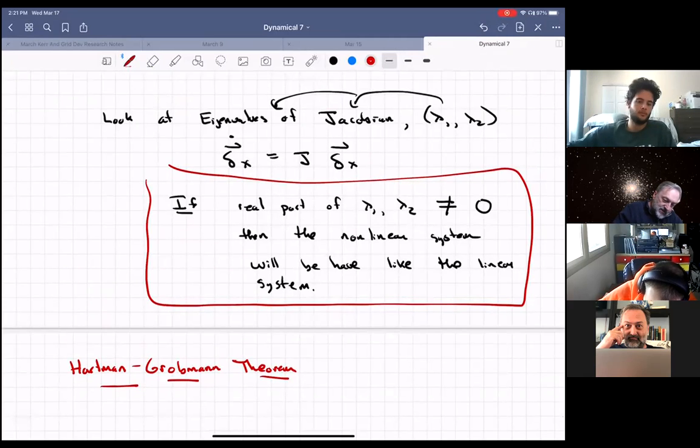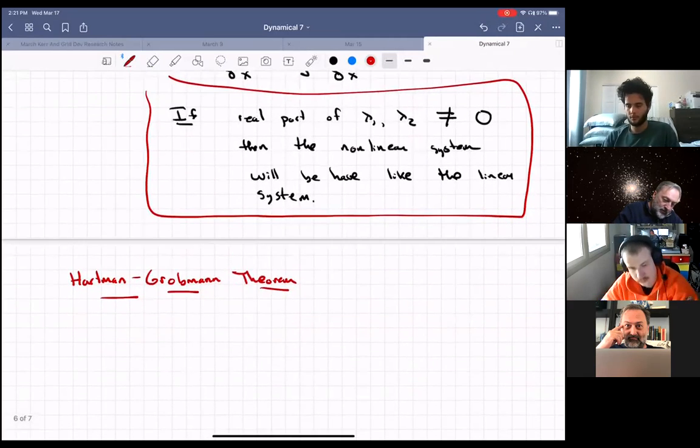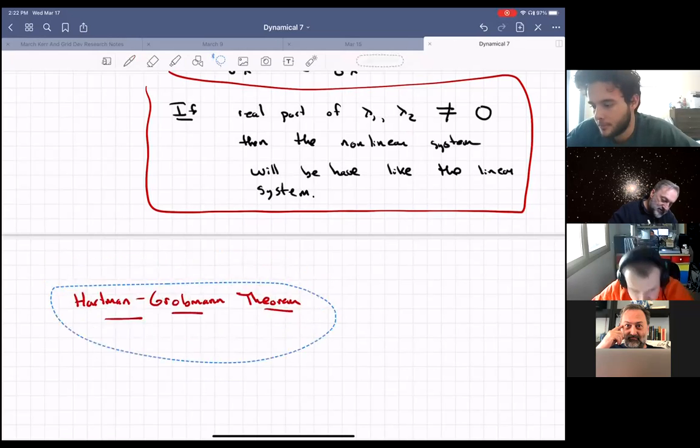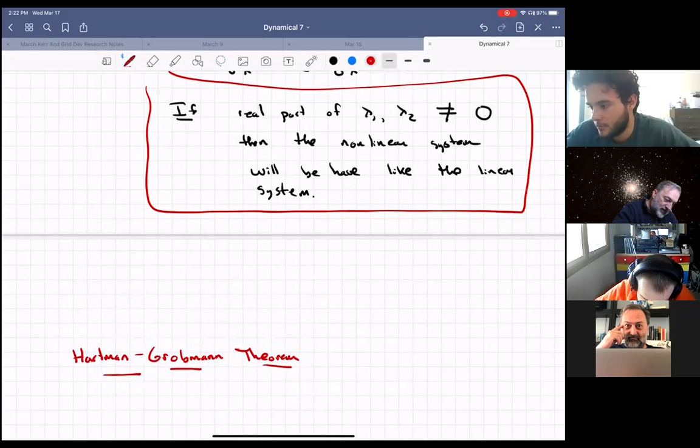So this idea that the real parts of lambda 1 and lambda 2 not being 0 means that we're going to call the system hyperbolic. So I'm going to move this down here a little bit. I'm going to provide a definition.